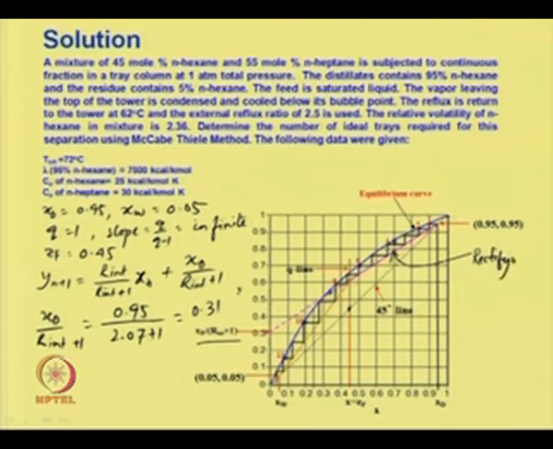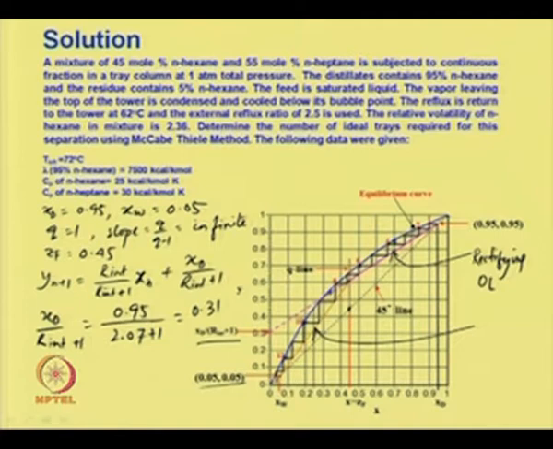rectifying operating line, which is extended to the intercept, and then we know the xw point and we know the feed line. So, the intersection point we know. So, we plot between these 2 points the stripping section operating line.